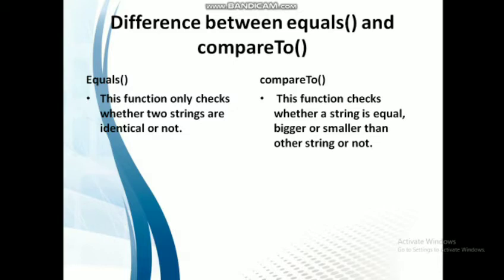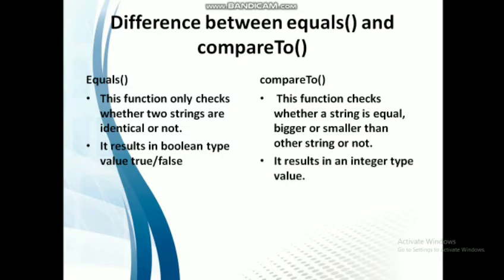So this function checks the equality as well as smaller or bigger. Also, equals returns a boolean value, true or false, whereas compareTo's return type is integer. So these are the major differences between equals and compareTo.